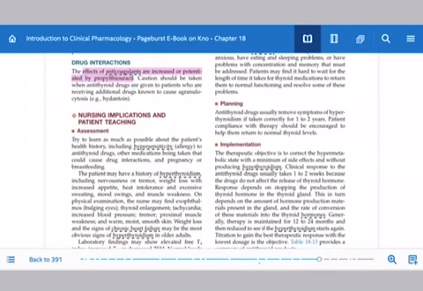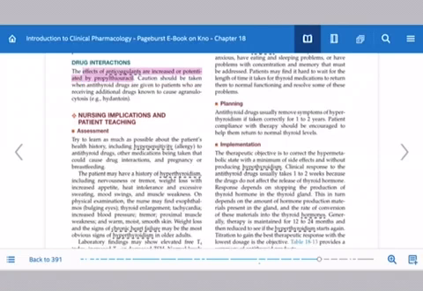Nursing implications, same thing. Thorough history, guys. Do they have any other drug interactions? Get as much history as you can. Do they have a history of chronic heart failure? Are there any issues of hyperthyroidism? Do they have an enlarged thyroid? Tachycardia, increased blood pressure.